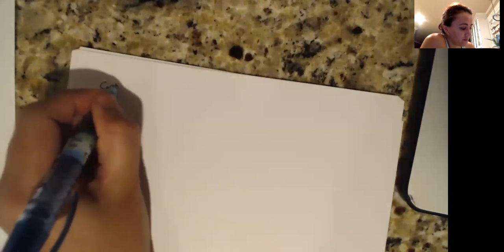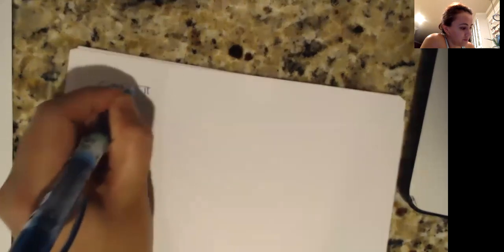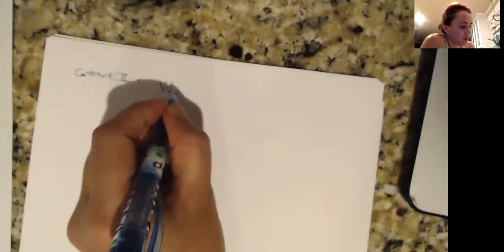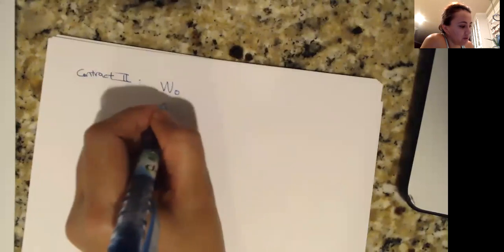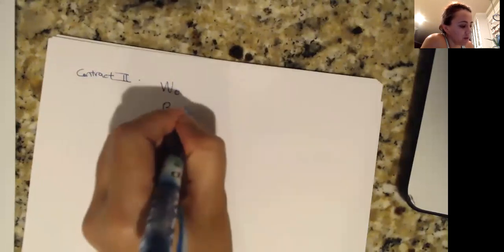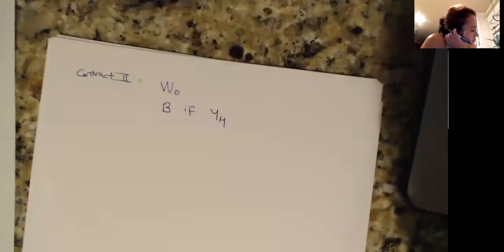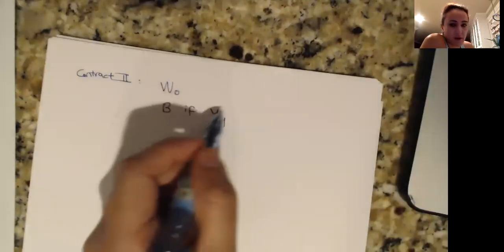Now I'm looking at contract 2. In contract 2, I'm offering W0. So this is the base wage rate. And I'm also offering B if the output turns out to be YH. Remember the probability of YH.